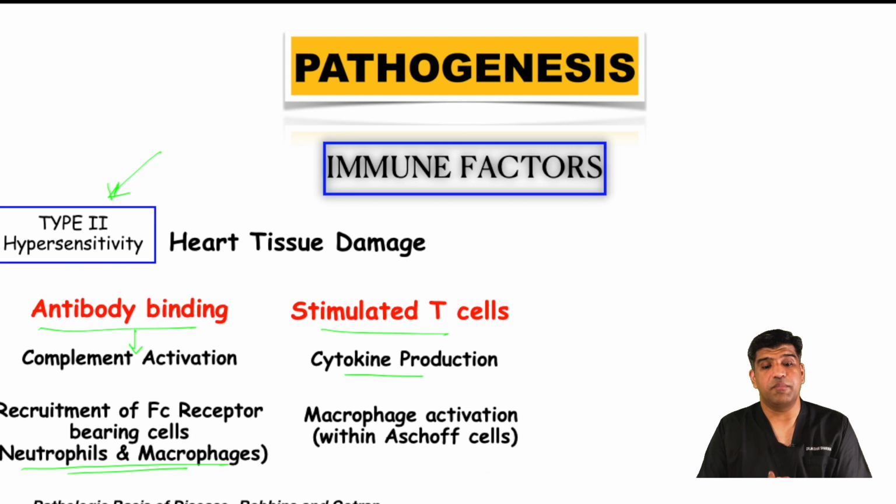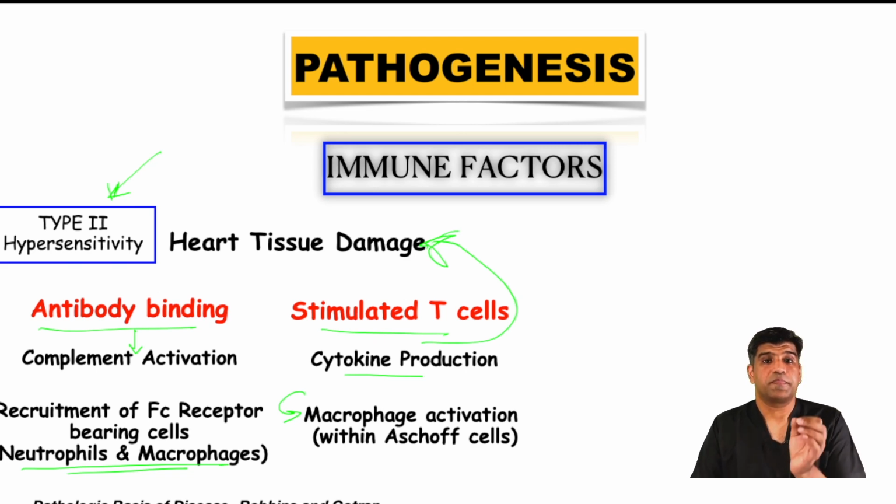And finally, macrophage activation. This whole immune response, antibody binding, stimulation of T cells, cytokine production, and macrophage activation, ultimately causes heart tissue damage. So the immunological response to streptococcal antigen finally causes heart tissue damage.